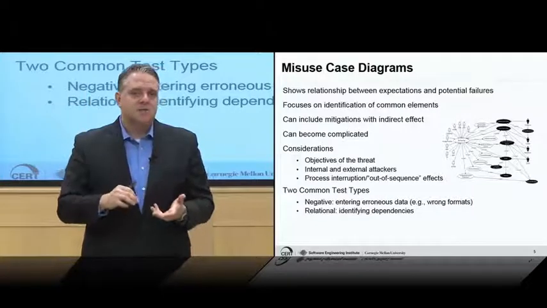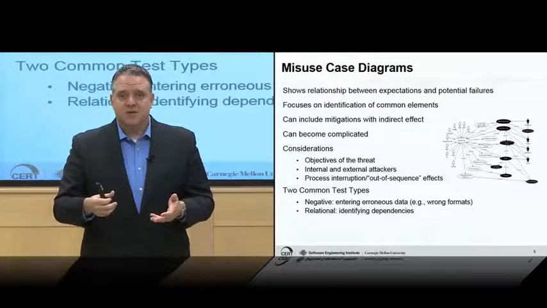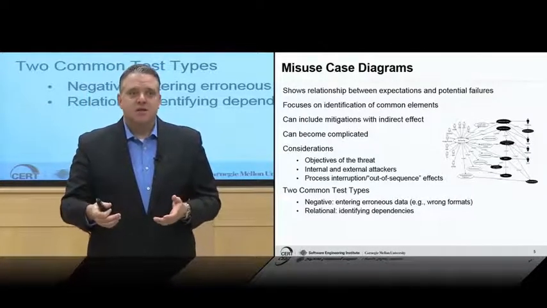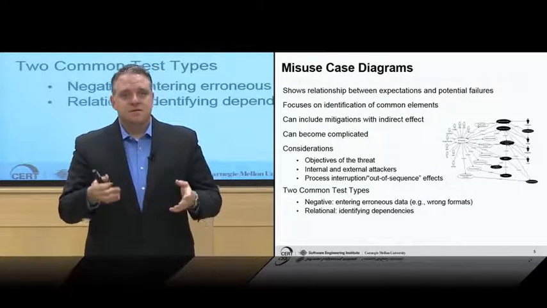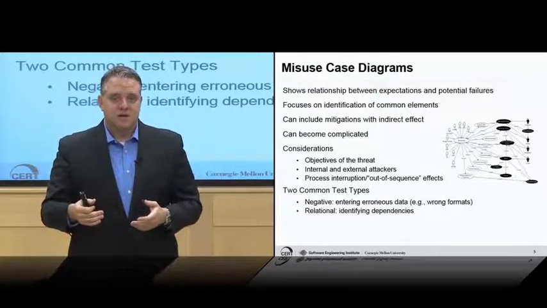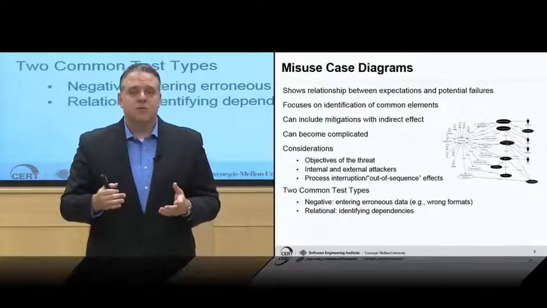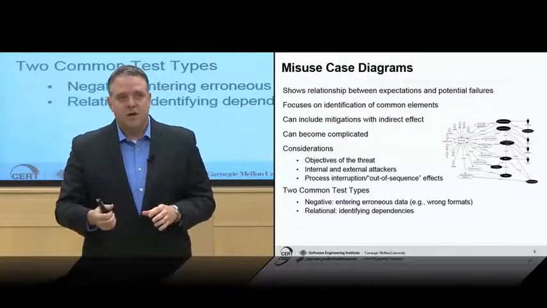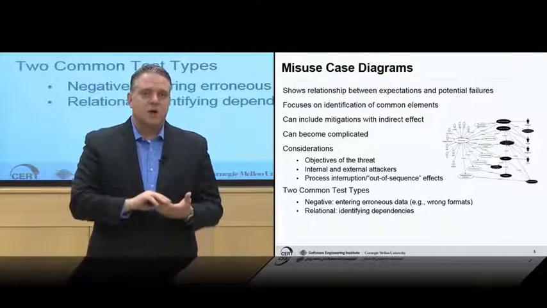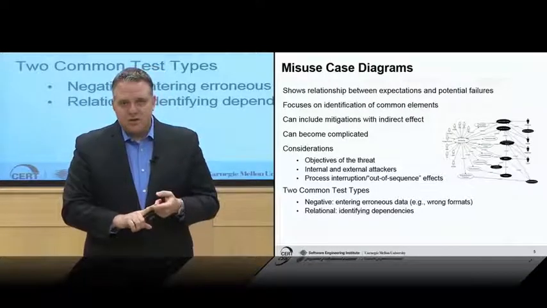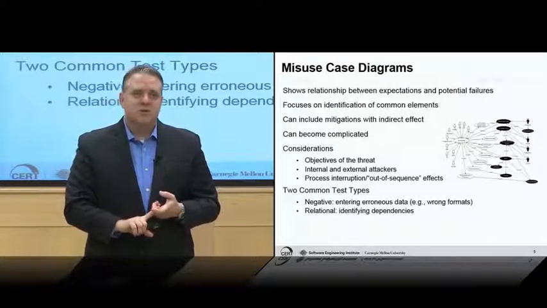But I equate this to threat scenarios in the risk management space. Your misuse case diagrams, much like your risk or threat scenarios, you're brainstorming the realm of the possible with regard to what could go wrong. And so because of that, you want to look for what could the threat actor be doing?